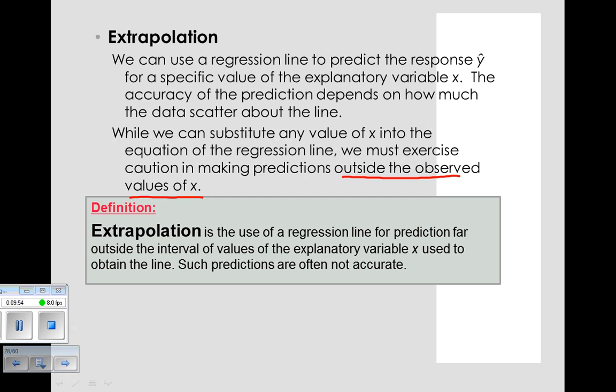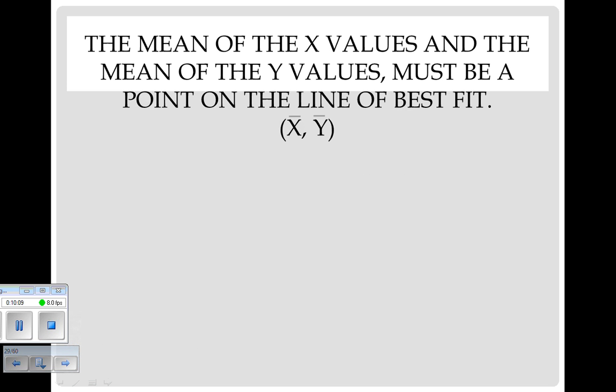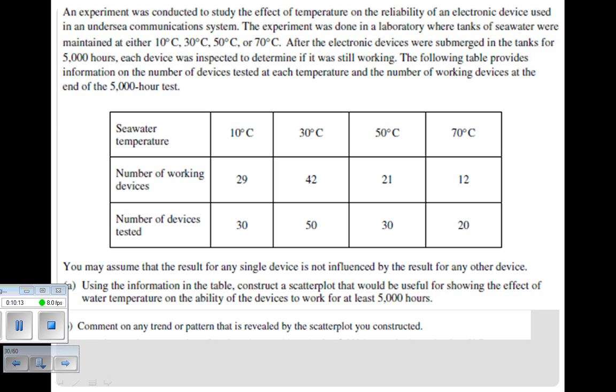These predictions are usually not accurate. So don't make predictions using values of x that are much larger or much smaller than those that actually appear in your data. And don't forget the mean x and mean y is always on the regression line.